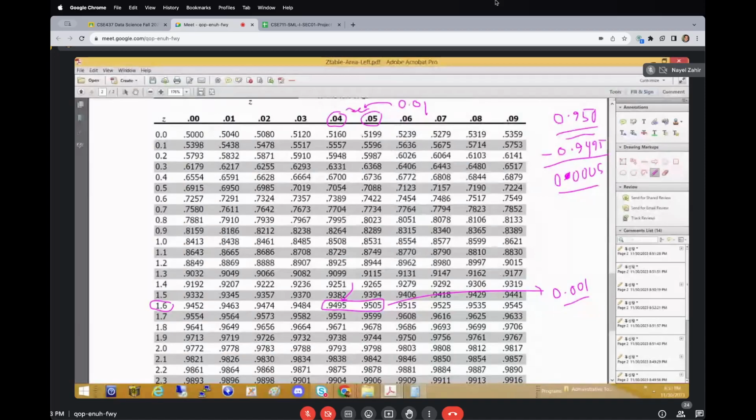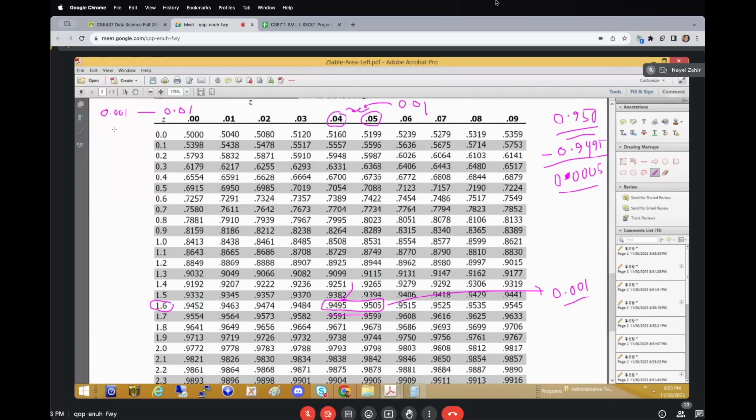So we can see that for the difference of 0.001 in these values, the difference in our y-axis values is 0.01.